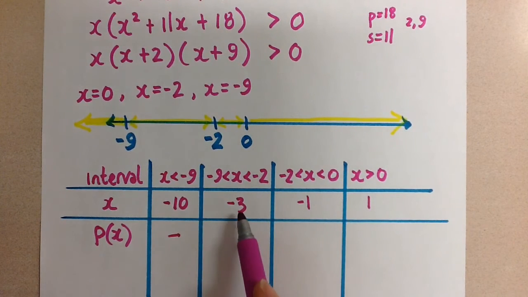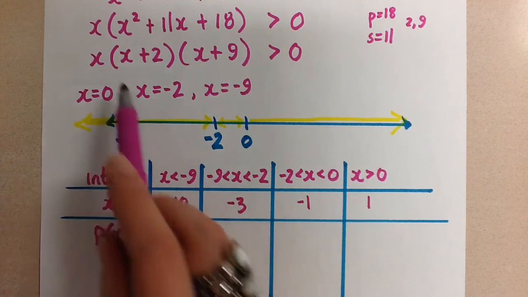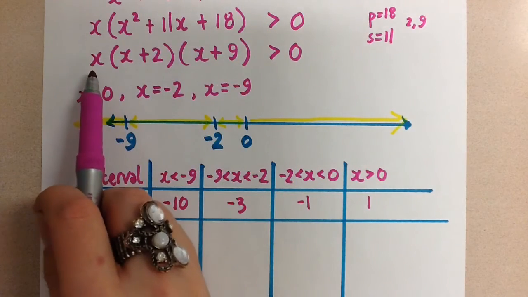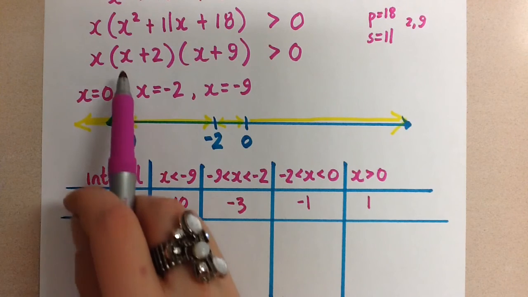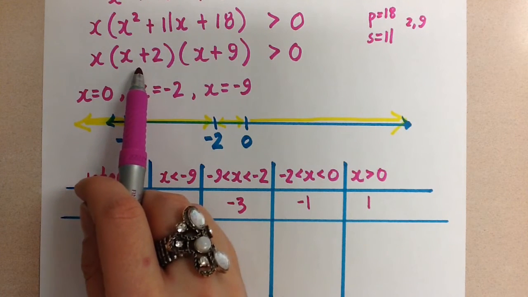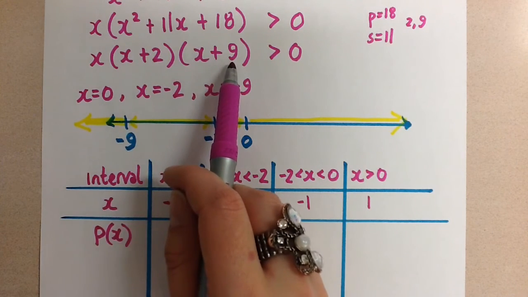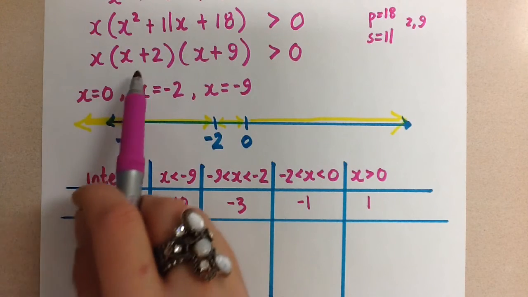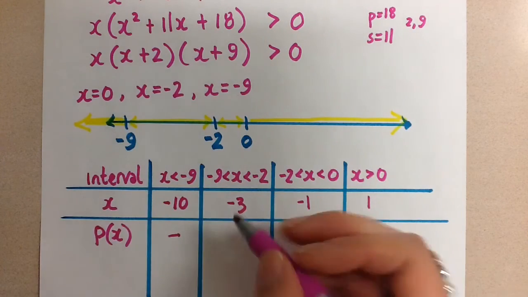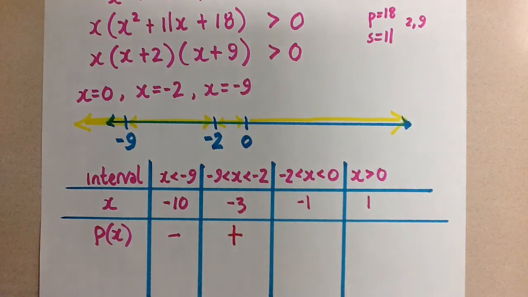Let's do it again with the -3. So I'm going to plug the -3 into that factored polynomial. I'll have a -3 here. -3 plus 2 is still negative, and then -3 plus 9 is positive. So we'll do a negative times a positive, which gives us a positive result.